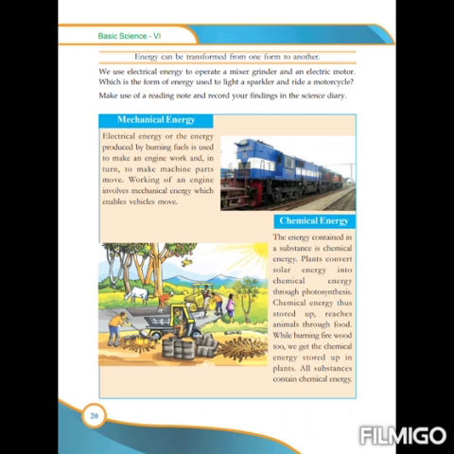Now, for example, the plants convert solar energy into chemical energy through photosynthesis. What is photosynthesis? The process by which plants prepare their food using sunlight. So that sunlight, that is the solar energy, is changed into chemical energy through photosynthesis. Okay. After that, the chemical energy is stored up and it reaches animals through food.